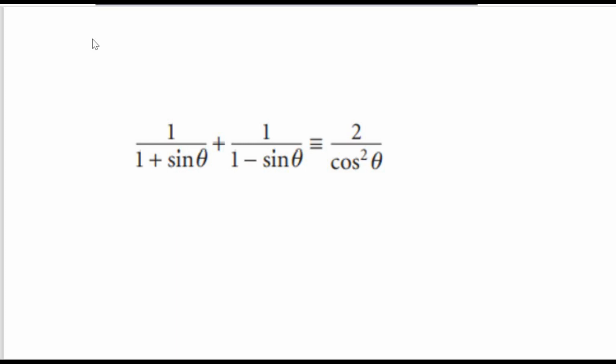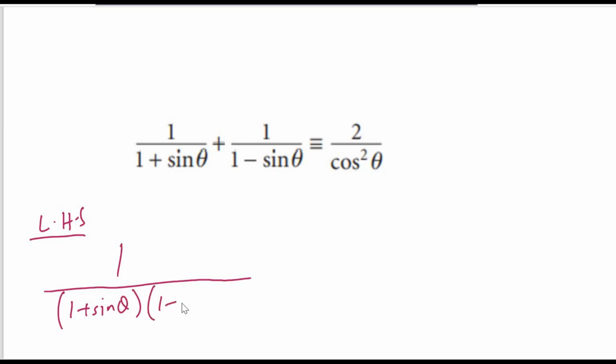Now here again we have to select the left hand side and move towards the right hand side. So if we take the LCM, this will be 1 plus sine theta into 1 minus sine theta.